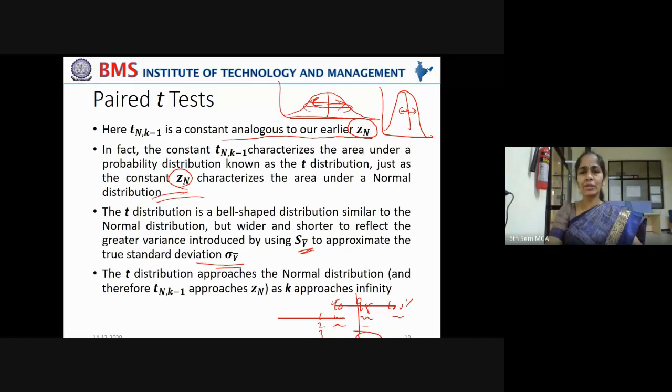We are trying to find out this sigma y bar. Now the T distribution approaches the normal distribution, and therefore t n k minus 1 approaches Zn. The T value will almost be equal to the Z score value as the sample size increases, as k approaches infinity. The sample size, minimum it should be 30, and as it grows, the T value will almost be similar to the Z score value.